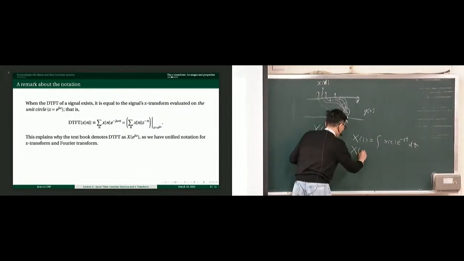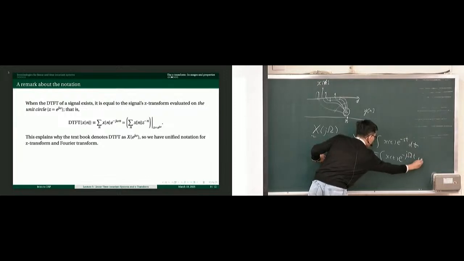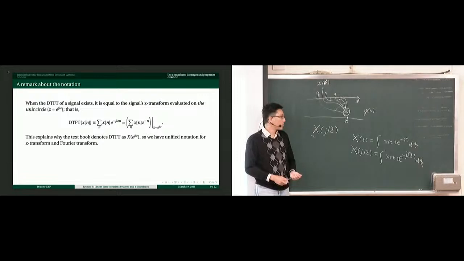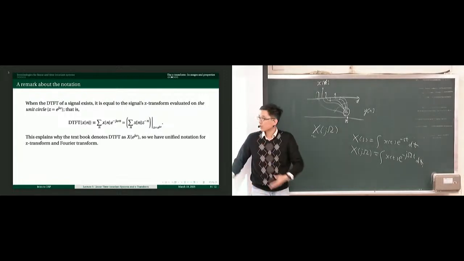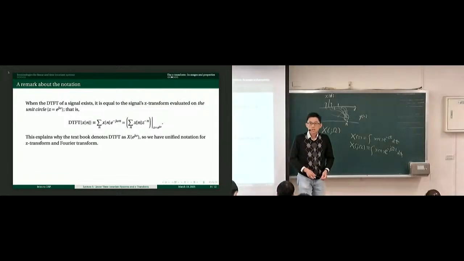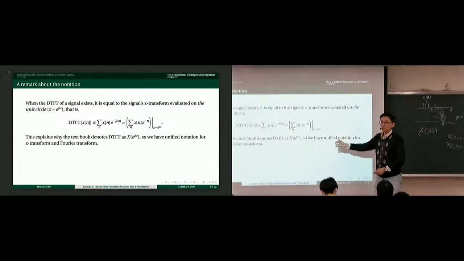So if we plug in j omega right here, then that becomes x of t e to the minus j big omega t dt. That's exactly the continuous time Fourier transform. So we have a unified notation between Laplace and Fourier transform. And in the same spirit, 同样精神, we have introduced this kind of notation in favor of being unified.